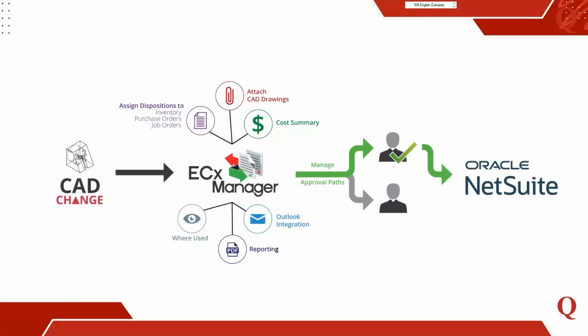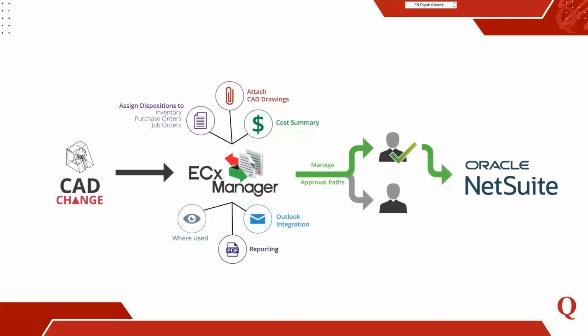ECx Manager will allow you to add relevant engineering drawings, any email correspondences, or other documentation to support that engineering change approval process. And then making informed decisions regarding the impact of the change is also very important, especially based on the data that's available in NetSuite.